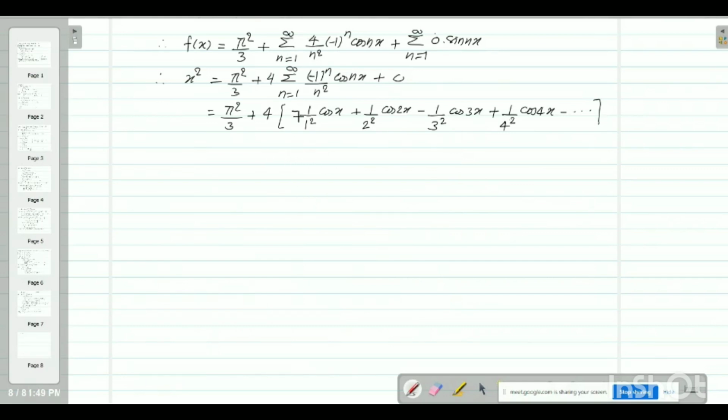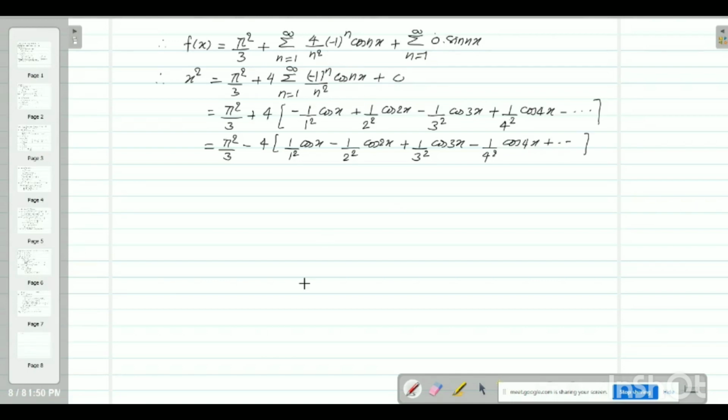Which is the required Fourier series. I'm taking the minus sign common from each term. So this is pi square by 3 minus, with the first term positive: 1 upon 1 square cos x, the second term negative: 1 upon 2 square cos 2x, plus the third term positive: 1 upon 3 square cos 3x, and the next term negative: 1 upon 4 square cos 4x, and so on.